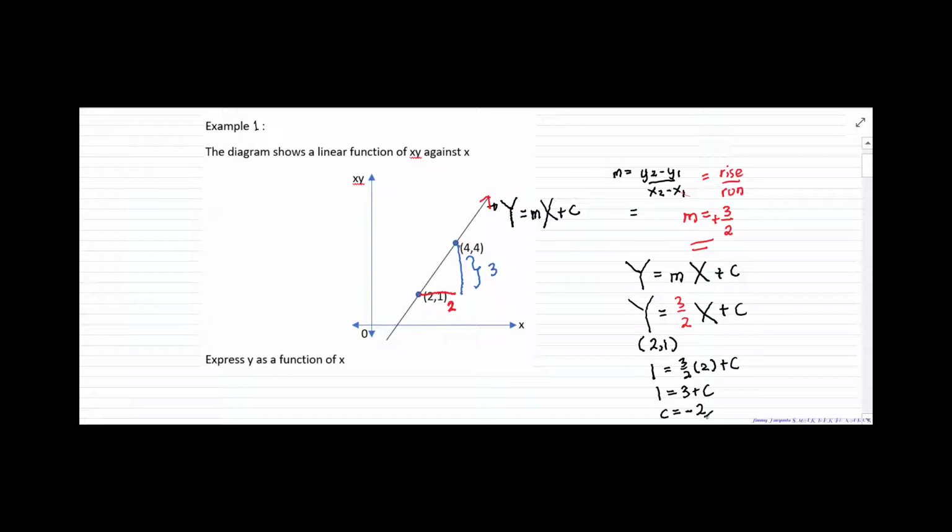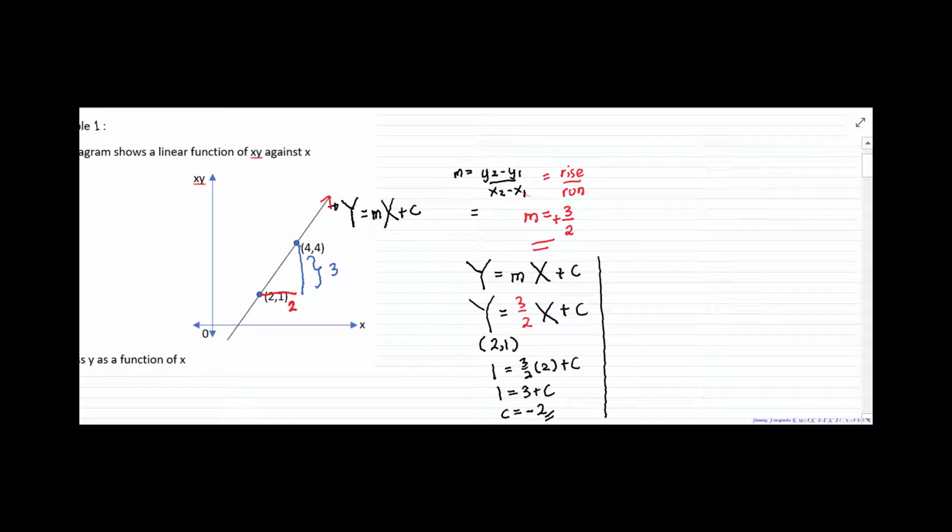So now I have c and m. I can complete the equation. The equation will be y equals to mx plus c. The c is negative 2, so I write minus 2.